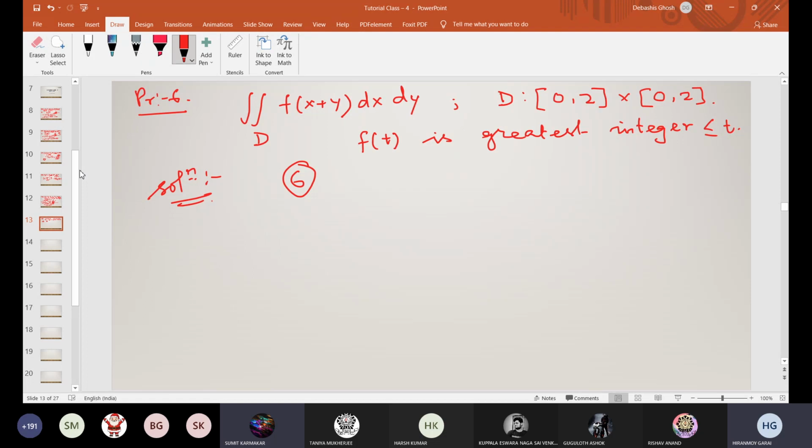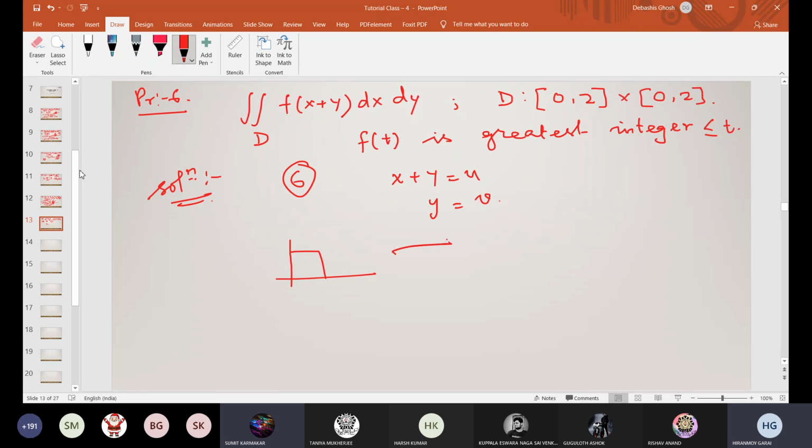So what we are doing in this case, we are actually using the Jacobian. We are using one substitution, that is x plus y equals u and y equals v. For this, you need to use the Jacobian. In your xy plane, you have the region from 0 to 2, on which you are taking the integration.